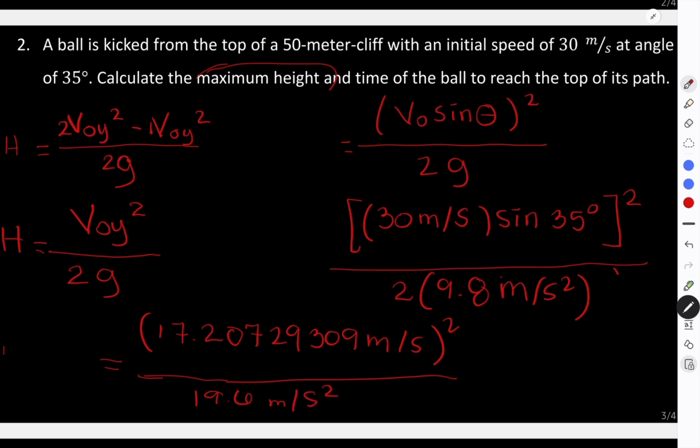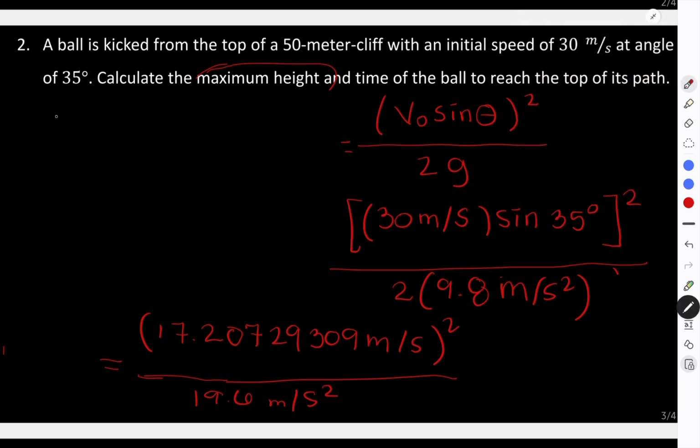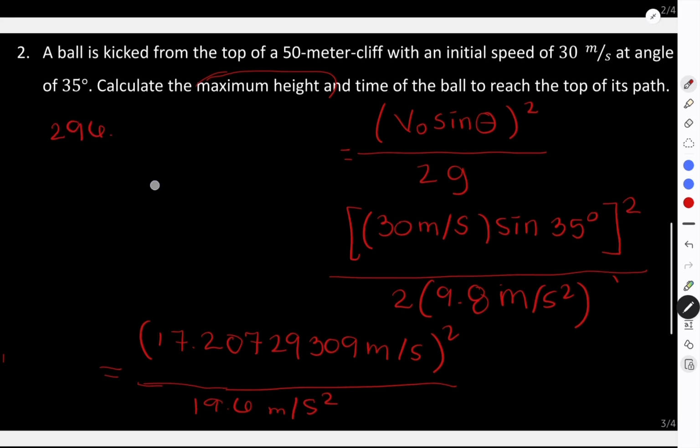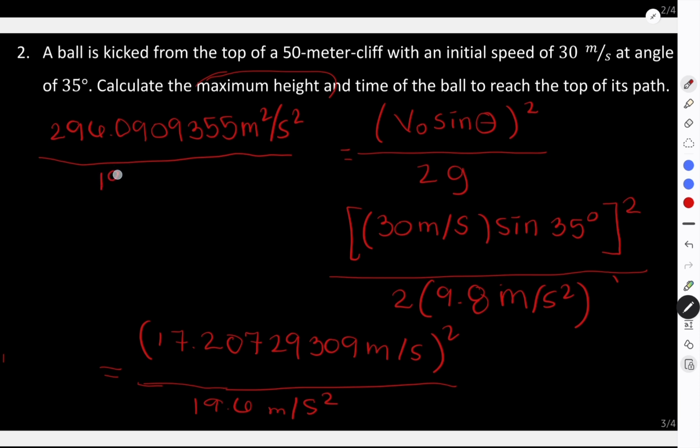Then we square the numerator. 296.0909355, then remember that is meter squared per second squared, all over 19.6 meter per second squared.